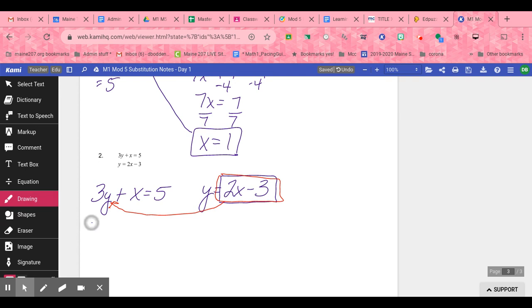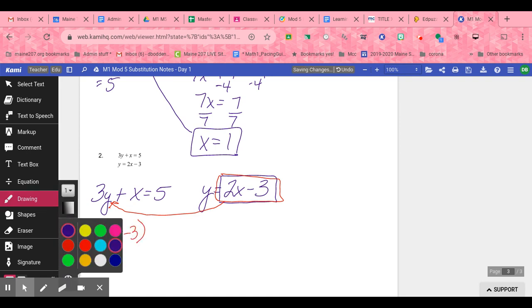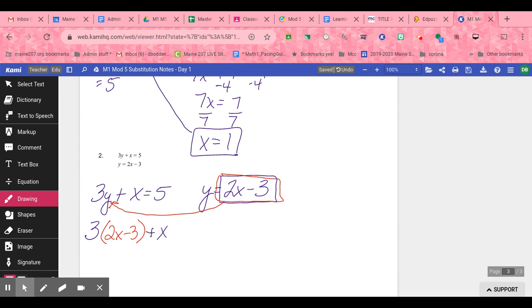So that's going to give me 3 times y. But my y value we now know is 2x minus 3 plus x equals 5. So again, you can see that I substituted what y was in for the y value right here. That's why we call it substitution.